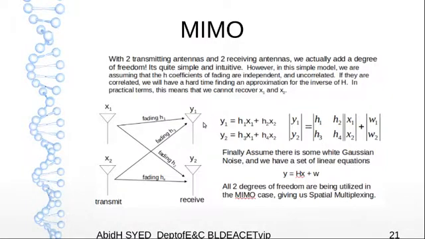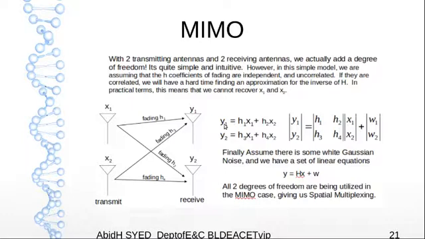Now come to the concept of multiple input and multiple output. That means there is more than one output and more than one input at the receiver side. So this concept is called multiple input and multiple output.